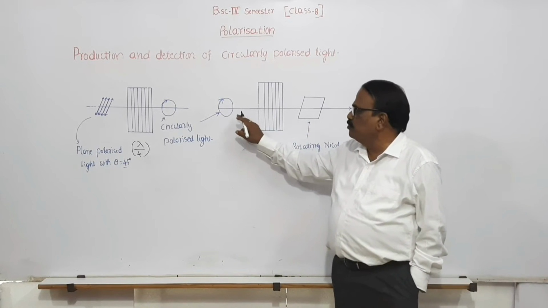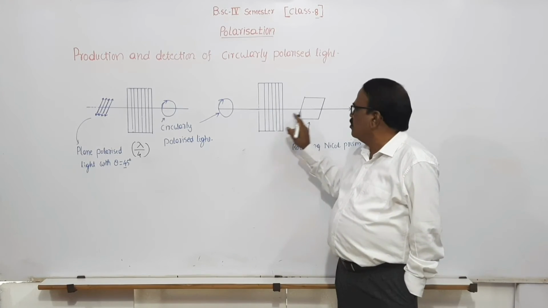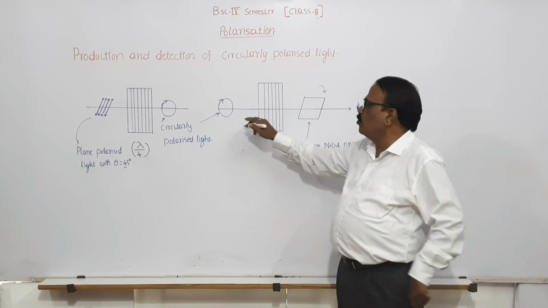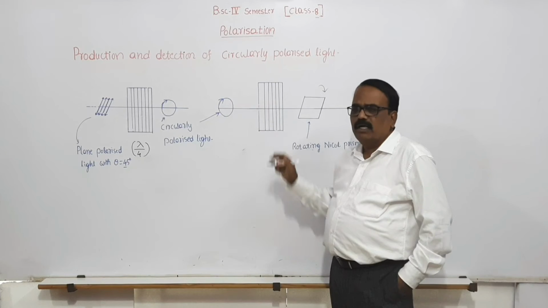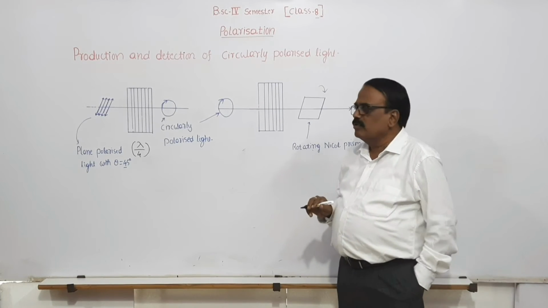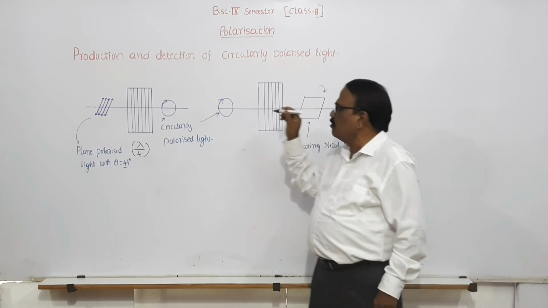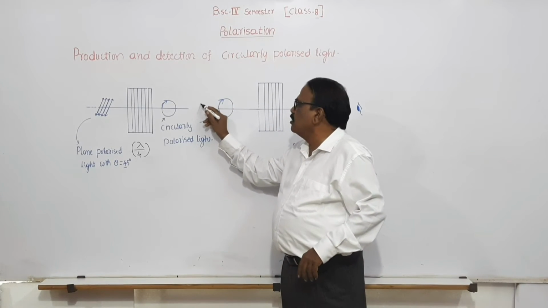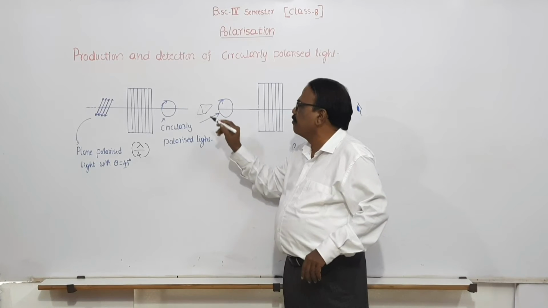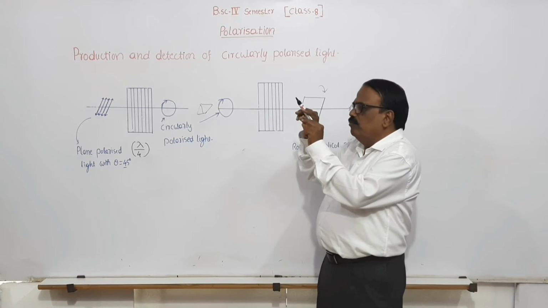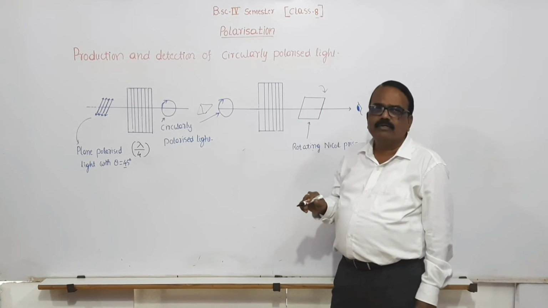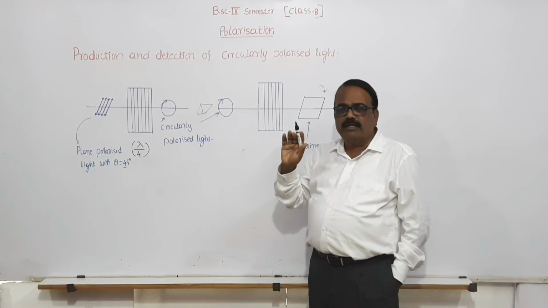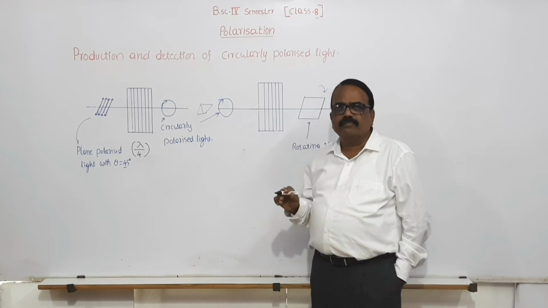If it is directly observed through the Nicol prism by rotating the Nicol prism, no change in the intensity of the light is observed. If you go on rotating the Nicol prism, no change in intensity is observed. That light is circularly polarized light.